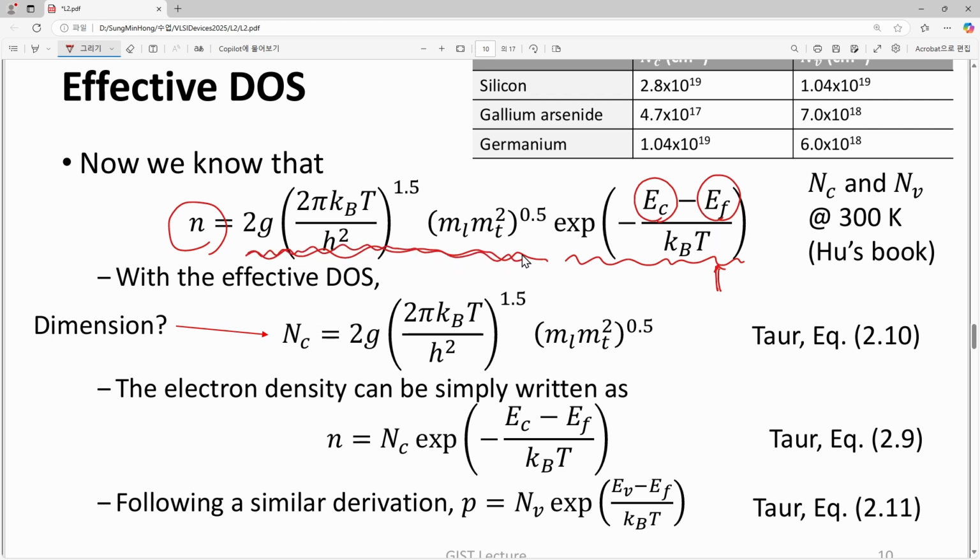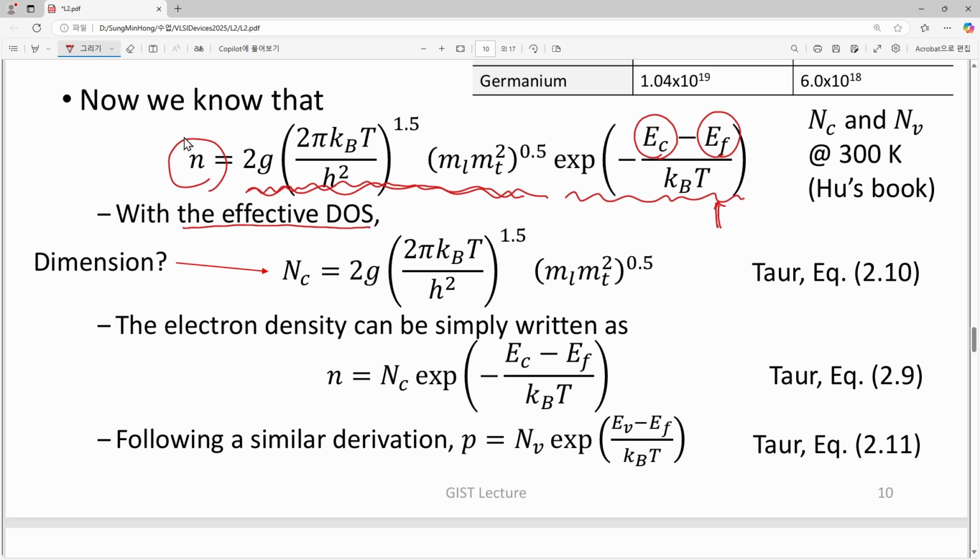This coefficient is too long to be memorized, so instead we introduce the concept of effective density of states, and the entire term here is written as the effective density of states of the conduction band. Of course, we can define a similar quantity for V, corresponding to the valence band. These are the effective density of states of the conduction band and valence band.